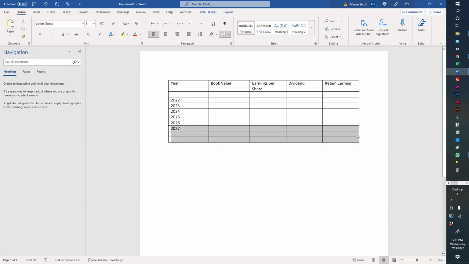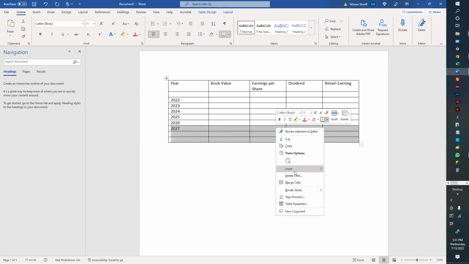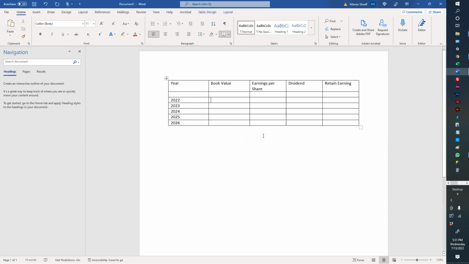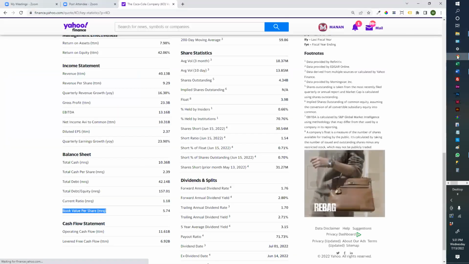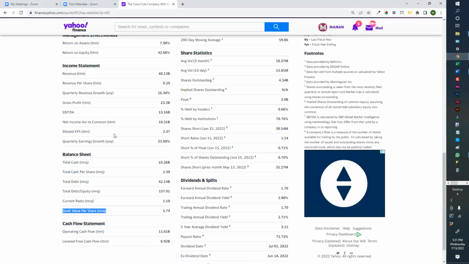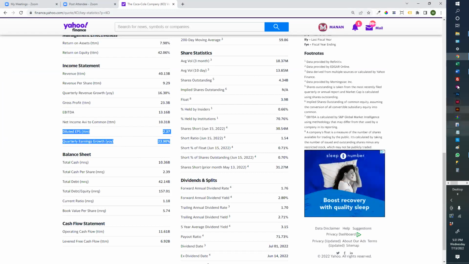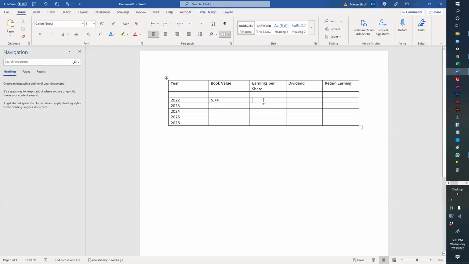Let's limit it to 5 years. Okay, Coca-Cola is earning how much? It is earning $2.37, and it is here. So we're going to put earning per share $2.37.